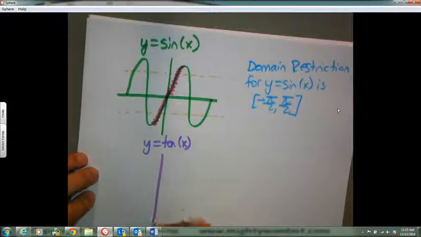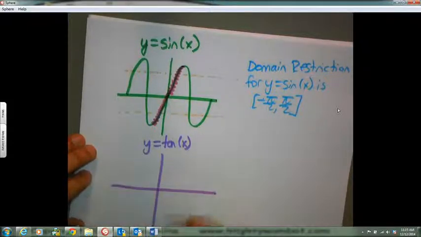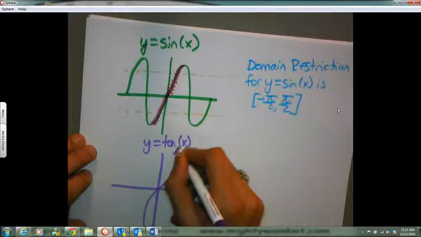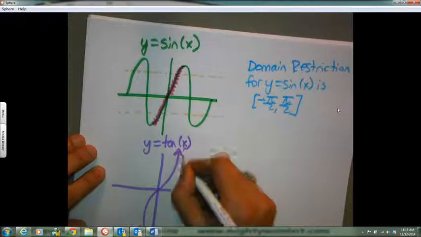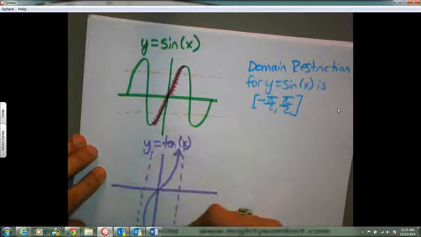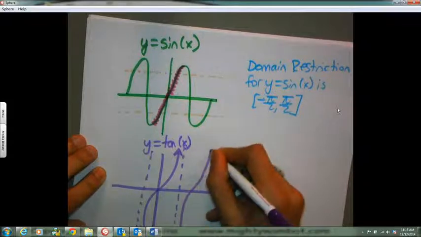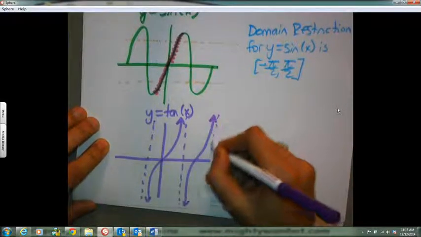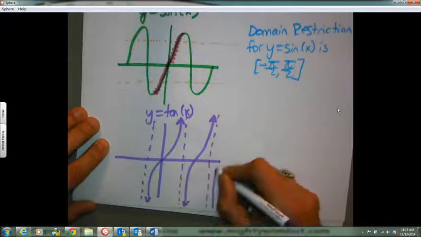So tangent kind of comes up like this, comes like this. Got these asymptotes here. Then again, another asymptote. Then again, another asymptote.